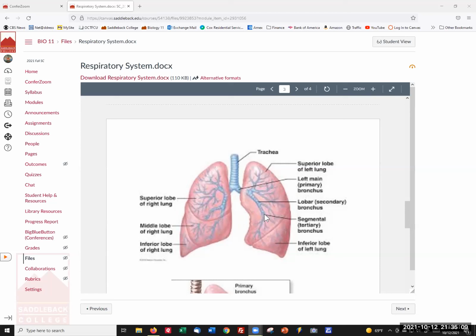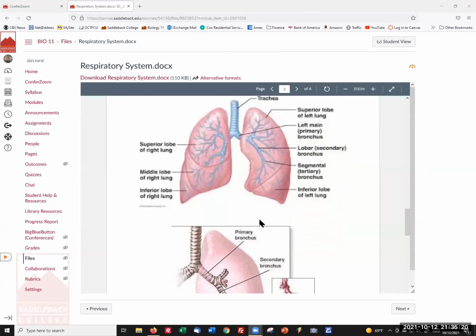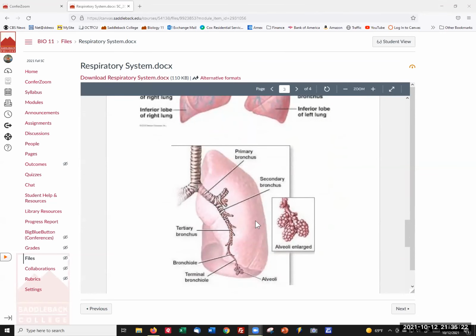So it splits and spreads into smaller vessels called tertiary bronchi. Okay. Trachea, primary bronchus, secondary bronchus, and now it's splitting into smaller pieces. These are tertiary bronchi.